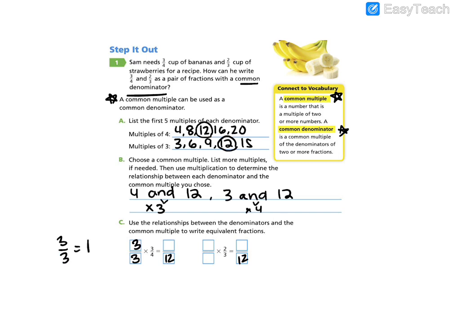Just changing the size of the pieces, not the size of the fraction. So we find that our equivalent fraction is 9/12. Go ahead and do the next part of C for 2/3. All right, we need to multiply that fraction by 4/4, and we get 8/12 as our answer.